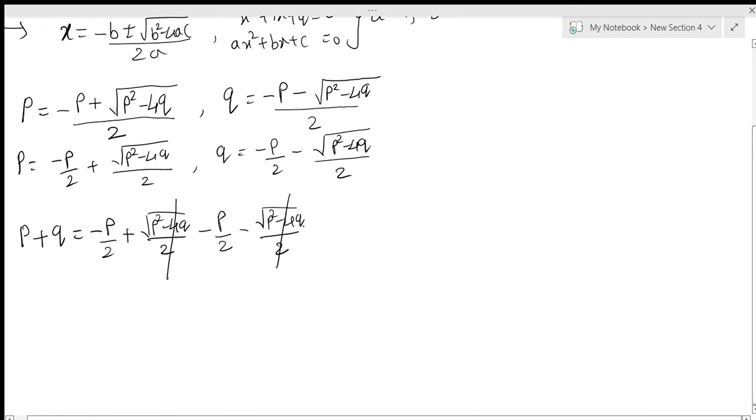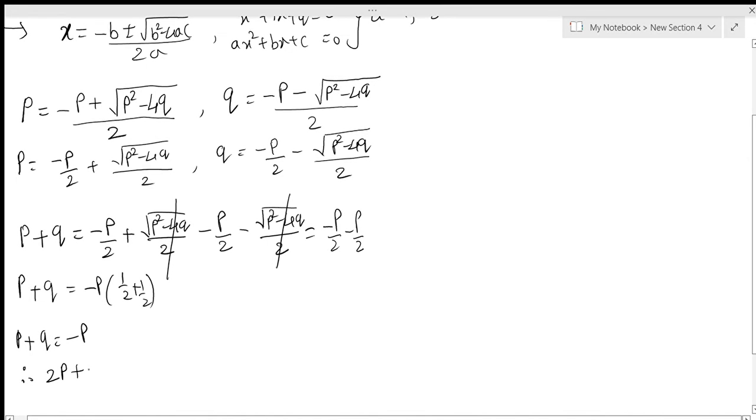We are left with minus p by 2 minus p by 2. Taking minus p common, we are left with half plus half, which gives 1, that is p plus q is equal to minus p. So from here I can say that 2p plus q is equal to 0. This is the first equation.